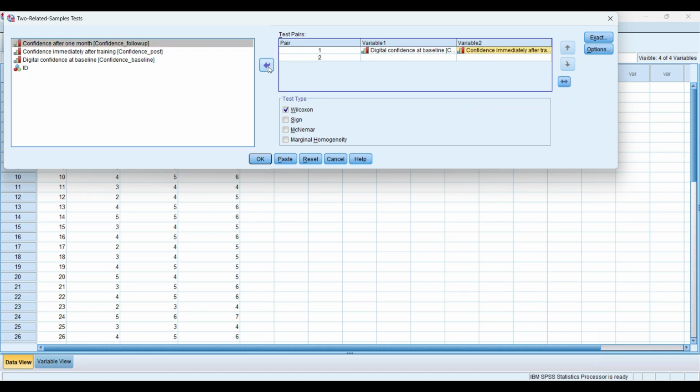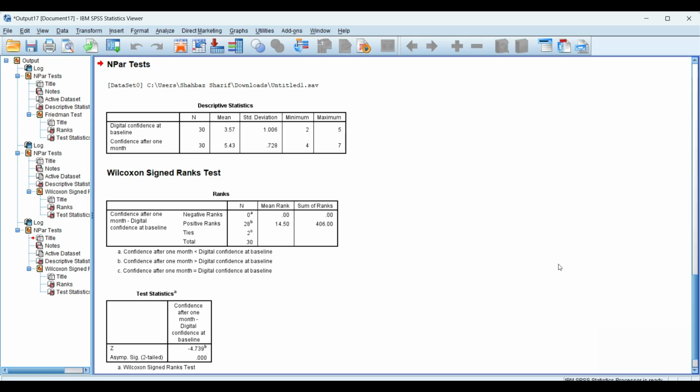Now we will compare baseline to after 1 month. So you can see also here the mean value at baseline is 3.57 and confidence after 1 month mean value is 5.4. So this is also increasing from baseline to after 1 month.